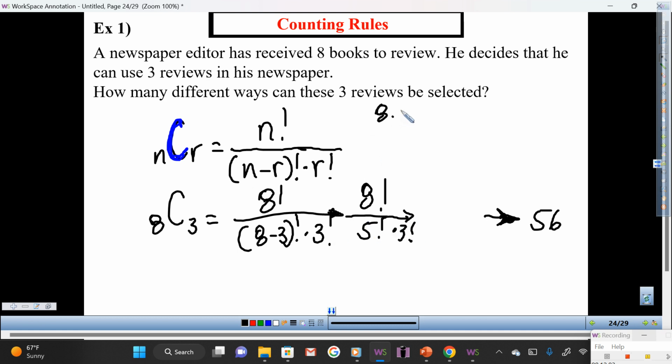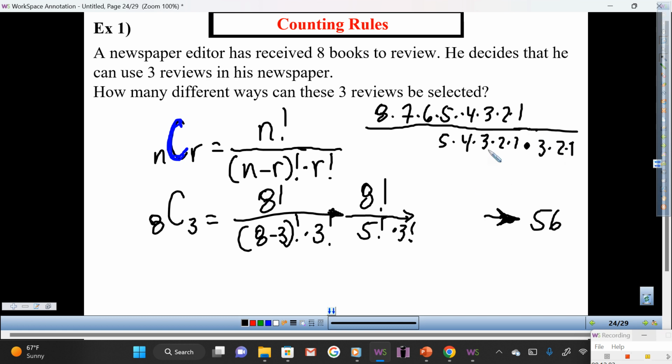That we have 8 times 7 times 6 times 5 times 4 times 3 times 2 times 1 over 5 factorial, and then at the end times 3 factorial, 3, 2, 1. So that leaves us with that divided by that.